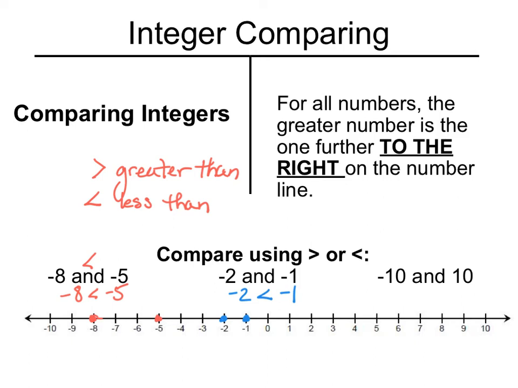And then finally, I'm going to compare -10 and +10. So negative 10 is down this end of the number line, and positive 10 is on that side of the number line. So negative 10 is less than positive 10. And we read it as negative 10 is less than positive 10.